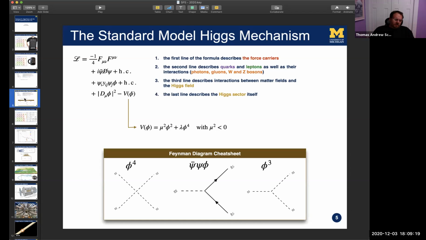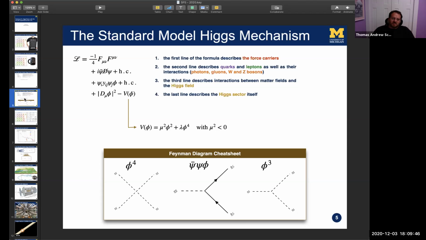So experimental particle physicists don't like writing Lagrangians. We like Feynman diagrams. We're simple folk. And so what you can do is you can match up the Lagrangian terms that you're seeing in the upper left-hand corner to Feynman diagrams. So if you see a term that's like phi to the 4th, like you see on the left-hand side of this diagram cheat sheet, that is the same as you can see in that potential V of phi term.